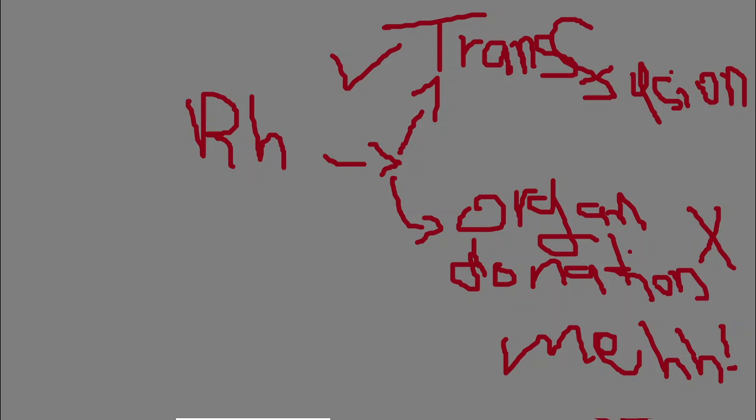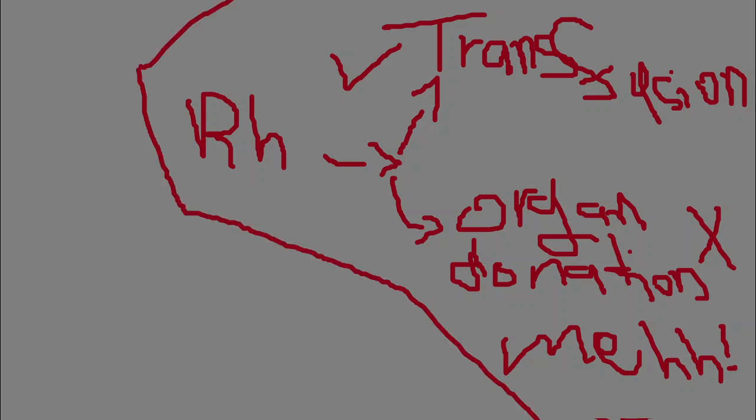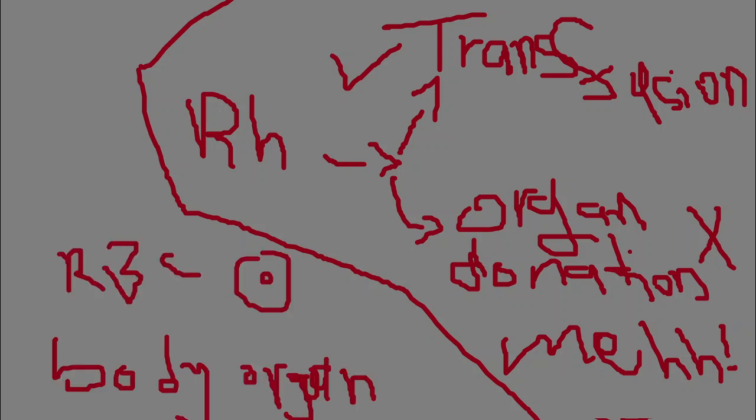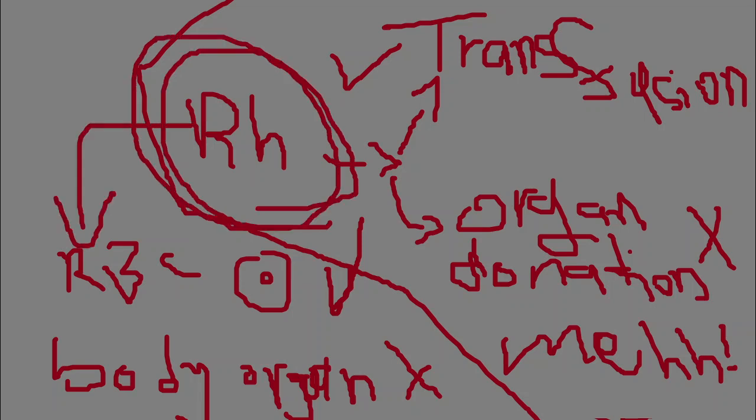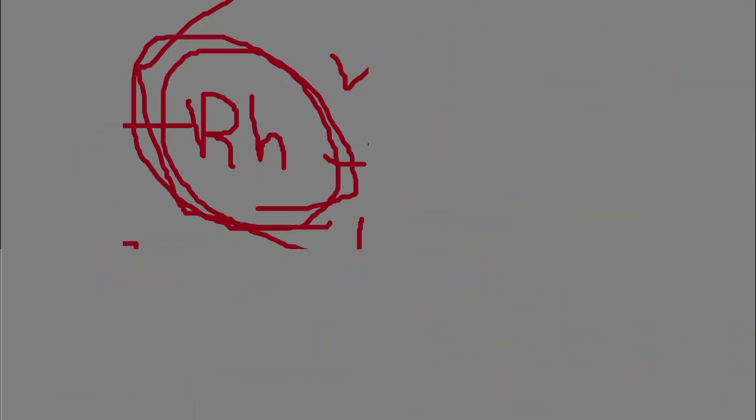The opposite is correct: they do not matter in organ donation, but they matter in blood transfusion. As you can see in the drawing, bottom left, in the body organ they do not exist, but on the red blood cells, the Rh exists.